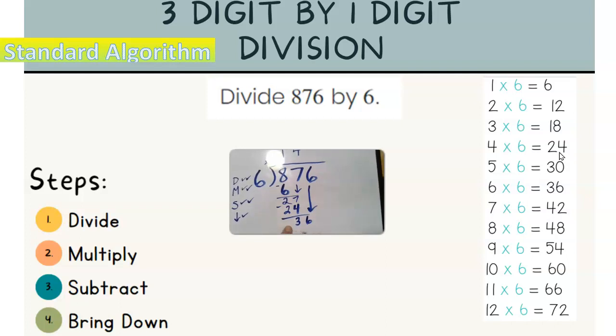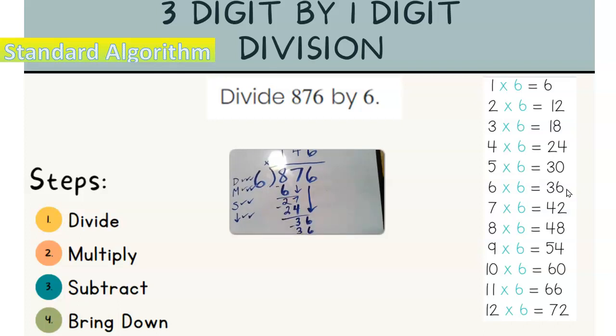And repeat those steps again. 36 divided by 6 equals, well, 6 times 6 is 36, so 36 divided by 6 equals 6. Check. Divide, multiply, subtract, and bring down. So now I'm multiplying. 6 times 6 equals 36. Check.